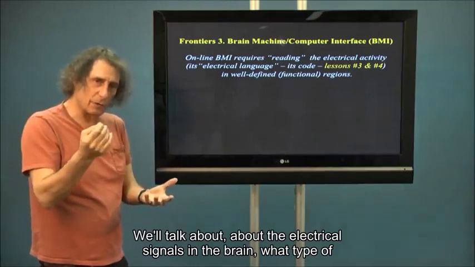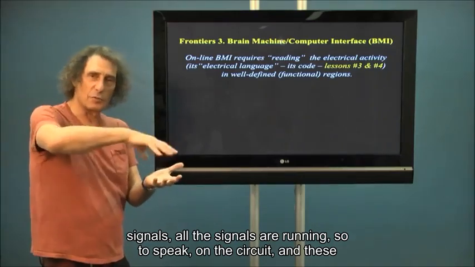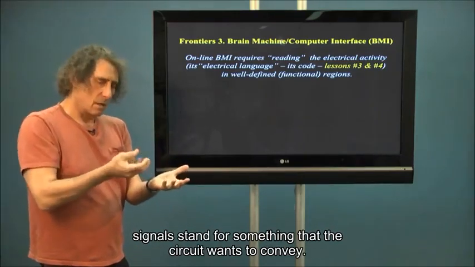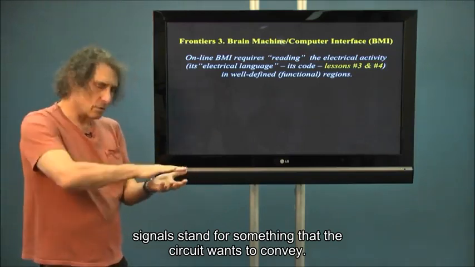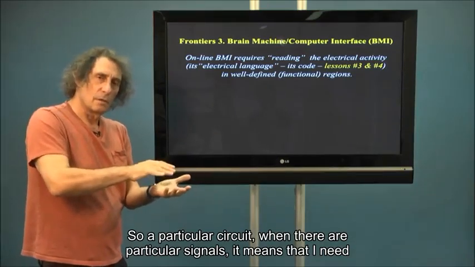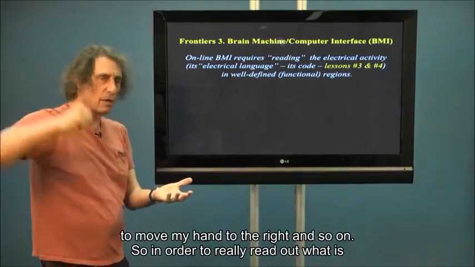We'll talk about the electrical signals in the brain, what type of signals. All these signals are running, so to speak, on the circuit, and these signals stand for something that the circuit wants to convey. So in a particular circuit, when there are particular signals, it means that I need to move my hand to the right and so on.